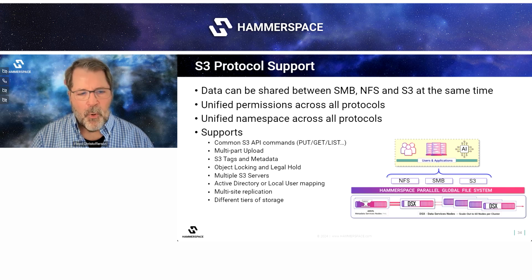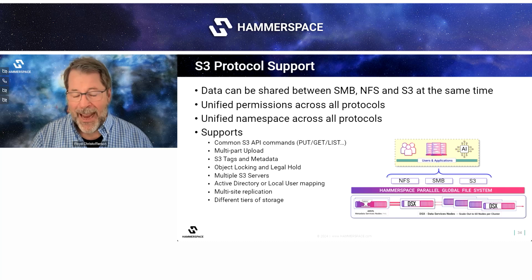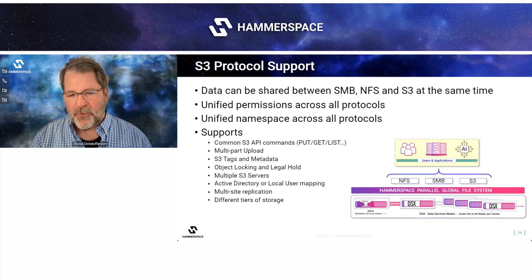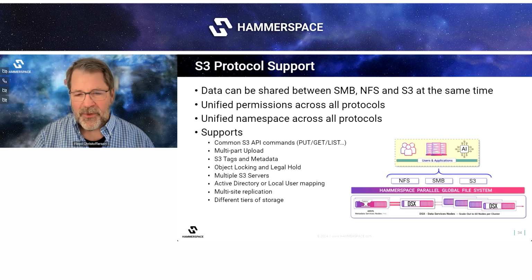Within this system, our Hammerspace software is deployed in one software load that includes the Anvil metadata servers and our DSX data services nodes, which can scale out to 60 nodes for extreme parallelism and performance.